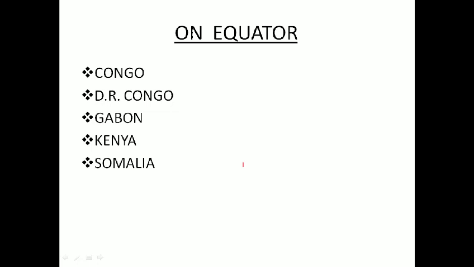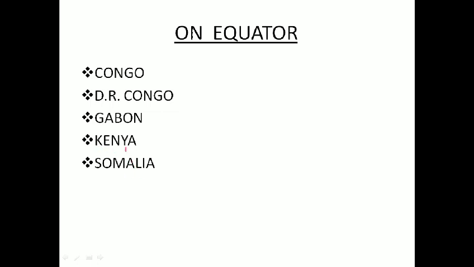We can learn. Now, let us take the equator. What are the countries through which the equator passes? Congo, Democratic Republic of Congo, Gabon, Kenya, and Somalia.